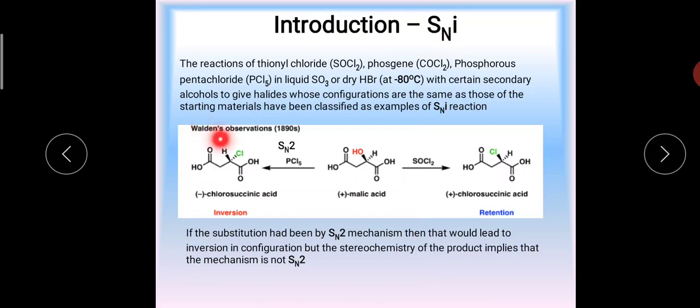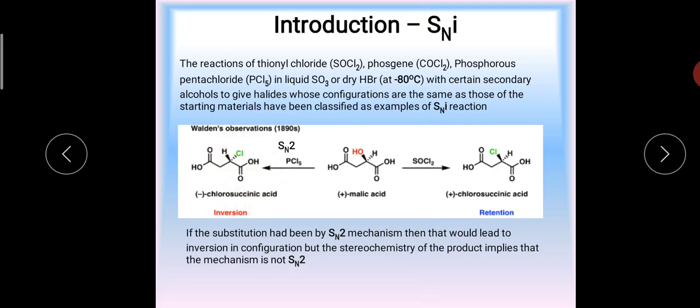Initially, when Walden was working with some of the alcohols, he observed that certain secondary alcohol in presence of thionyl chloride or phosgene, that is carbonyl chloride, COCl2, or phosphorus pentachloride, that is PCl5, in liquid SO3, liquid sulfur trioxide, or dry hydrogen bromide as the solvent at minus 80 degree gave a substituted halide.